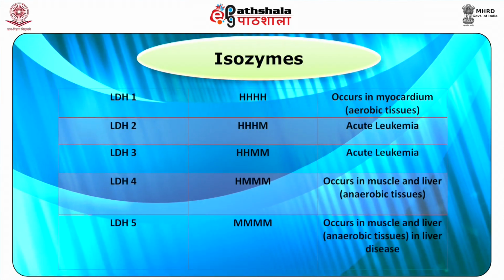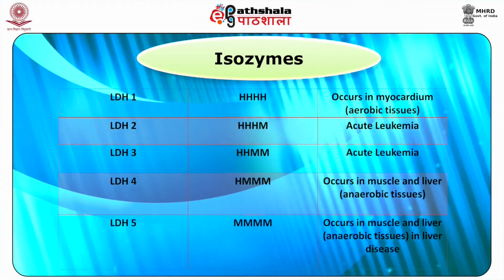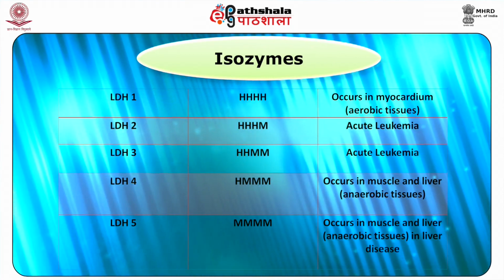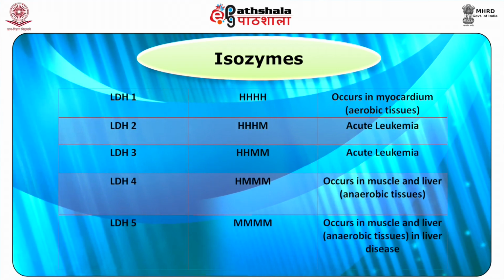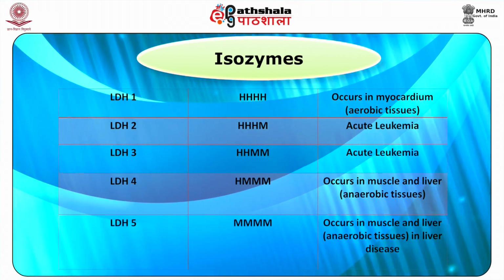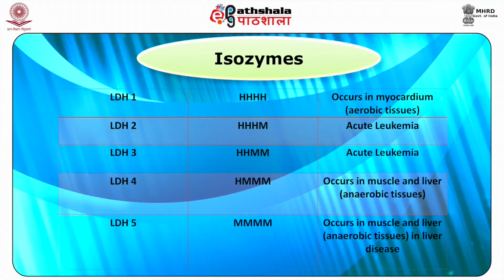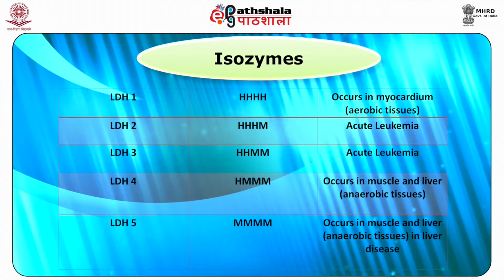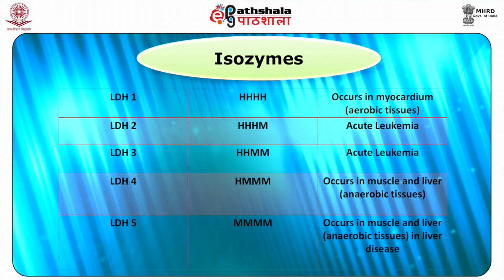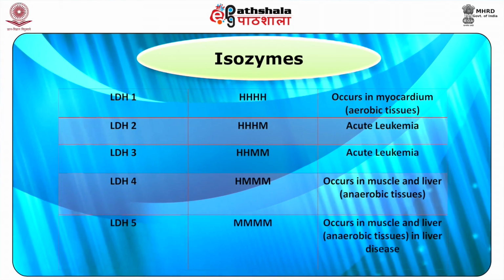The existence of isoenzymes permits the fine-tuning of metabolism to meet the particular needs of a given tissue or developmental stage. For example, lactate dehydrogenase or LDH.